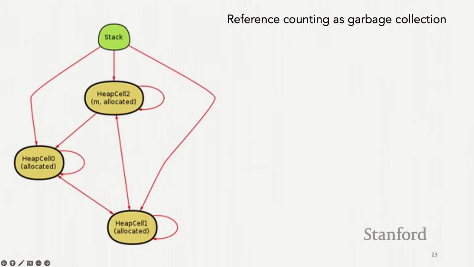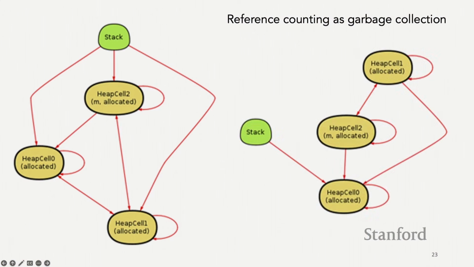Here is an example of a state. You have a heap, you have a stack, you have a bunch of heap cells, and there's a bunch of cycles over there. That's the bad state you want to get to. And after a while, the program gets into this state where now the stack is pointing to a heap cell. There are all of these cycles that are not going to be garbage collected. Okay? So that's fine. There's a little bit of detail, maybe unnecessary detail on the screen.